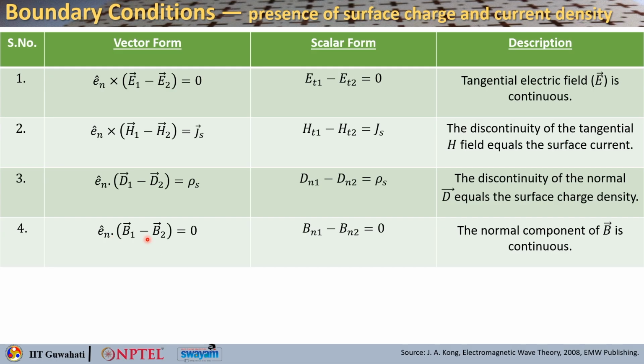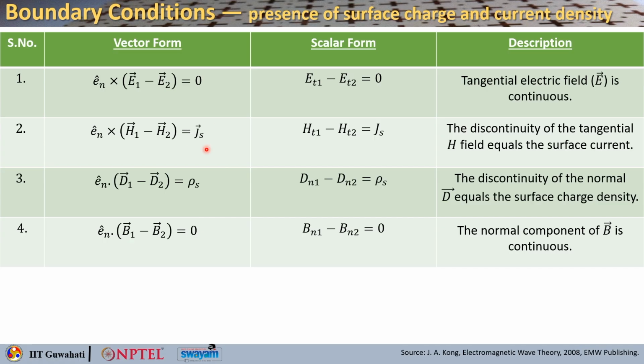And the normal component of the B field, which is the magnetic flux density, is continuous, so the difference is 0. An easy way to remember is that when the difference comes out to be 0, they are continuous.